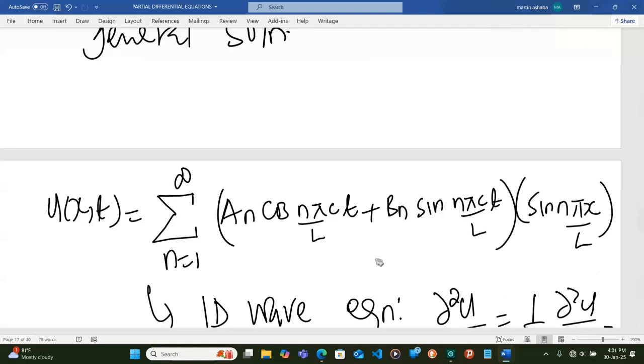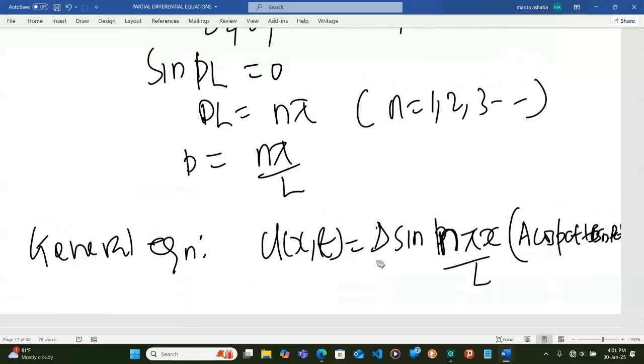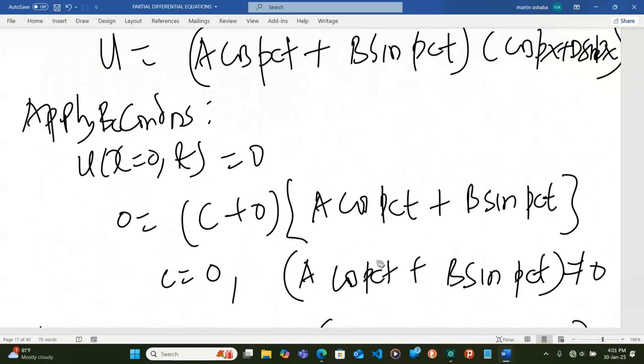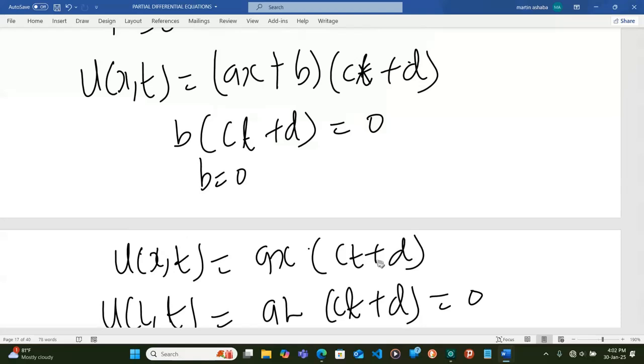Then you separate the variables by transposing the equation and equate each side to a constant, like the constant we called nu. Then you get two separate ordinary differential equations, one in x and another in t.